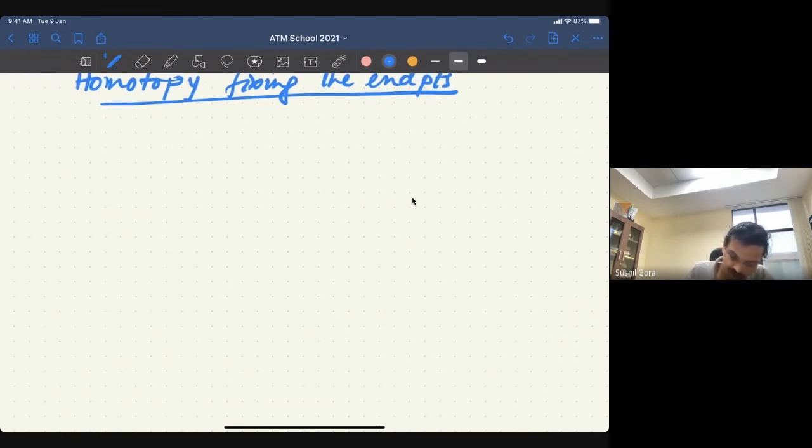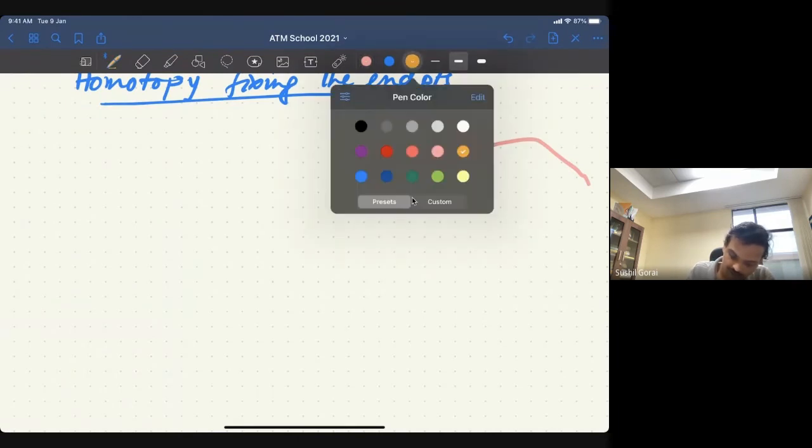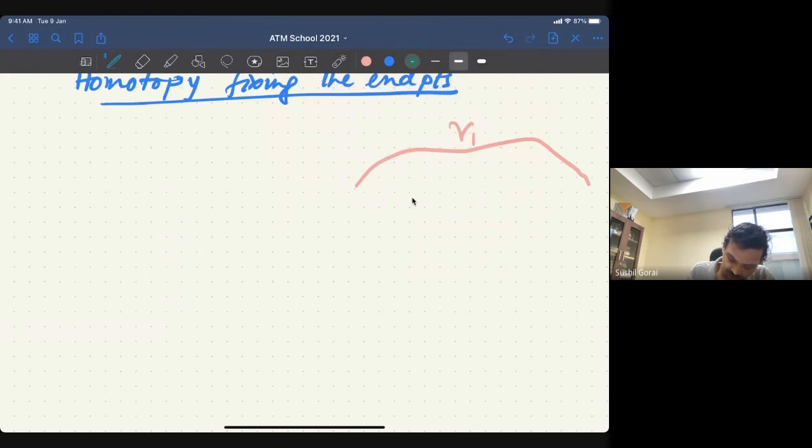Here are two curves. There will be this gamma 1 and maybe this will be gamma 0. Note here, the endpoints match now.